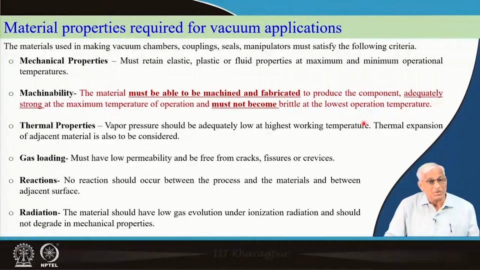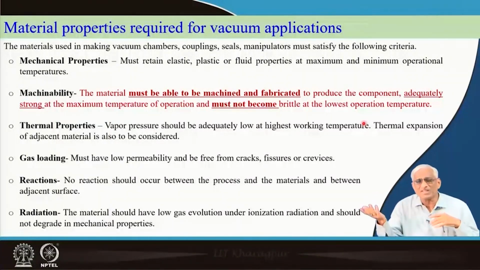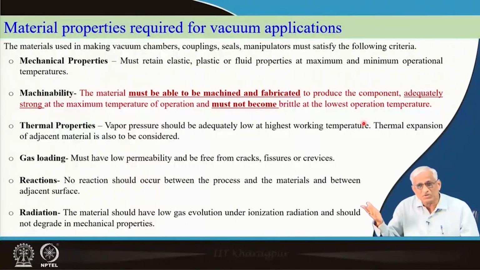Then in nuclear applications, there are lots of dangerous radiations. These radiations are falling onto the chamber. The chamber should not degrade because of these radiations. There are several other special properties which I have not covered here, but as and when we go to the applications, we will find some more properties.